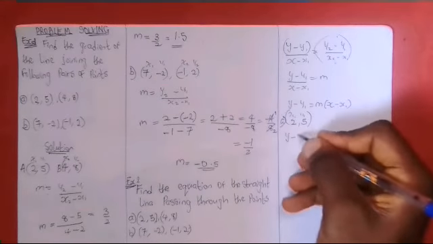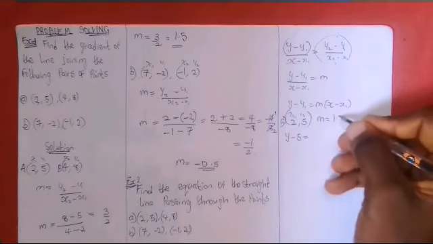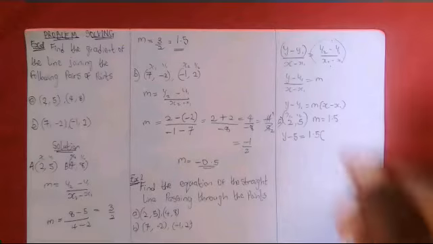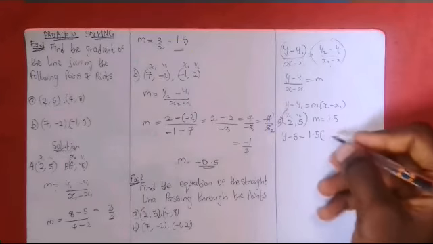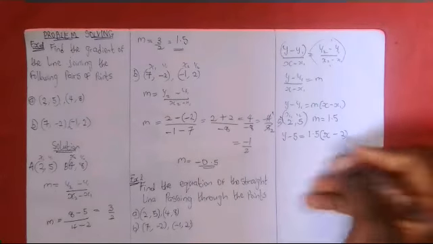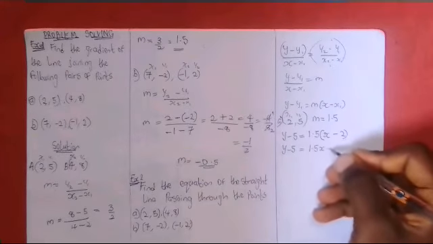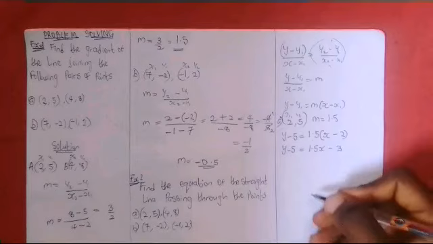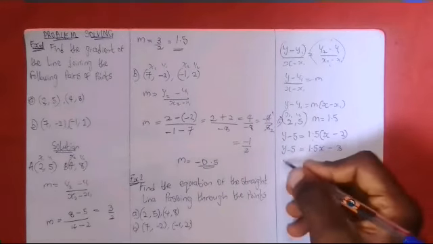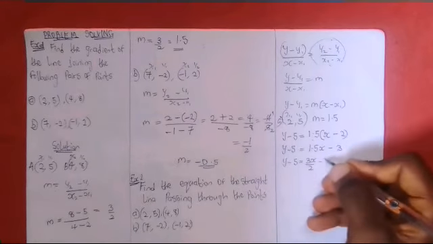So it's going to be y minus 5 is equal to, our m for this place is 1.5, so it says 1.5 open bracket x minus 2, which gives us y minus 5 is equal to 1.5x minus 1.5 times 2, which is actually 3. We can make this much easier by changing this to a fraction: y minus 5 is equal to 3x over 2 minus 3.